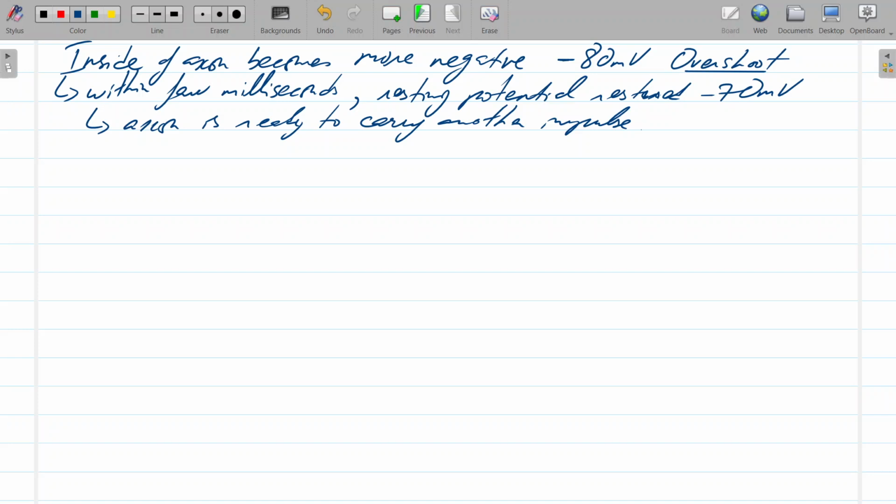What happens is after an action potential has fired and the resting potential is being restored, there's a period called the refractory period.